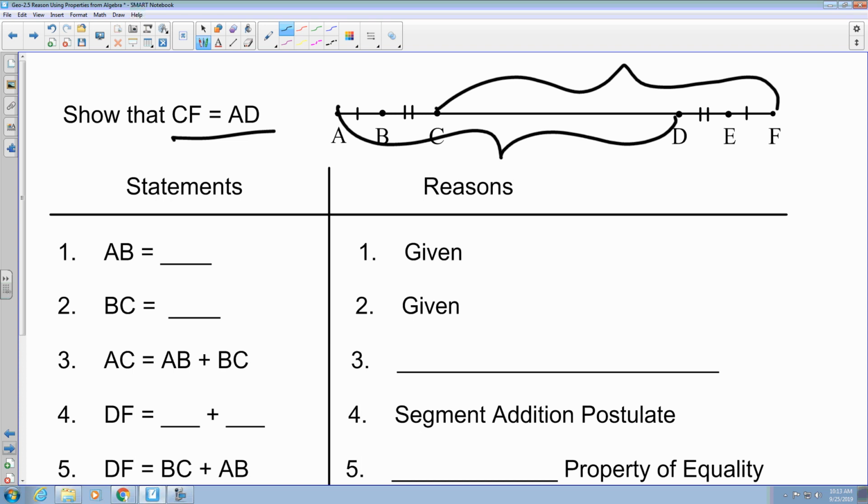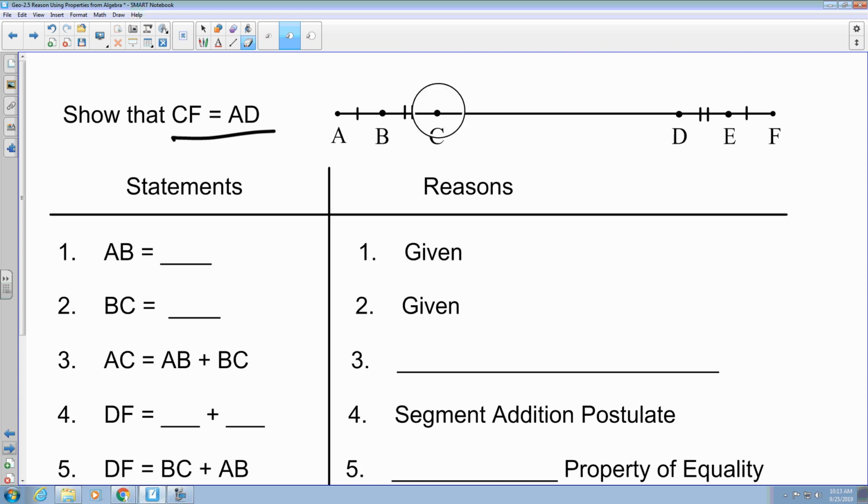All right. So we have to do some proofs. We have some of the information. We have to add on whether it's something that was given to us, or we have to talk about what property allows us to make that statement.